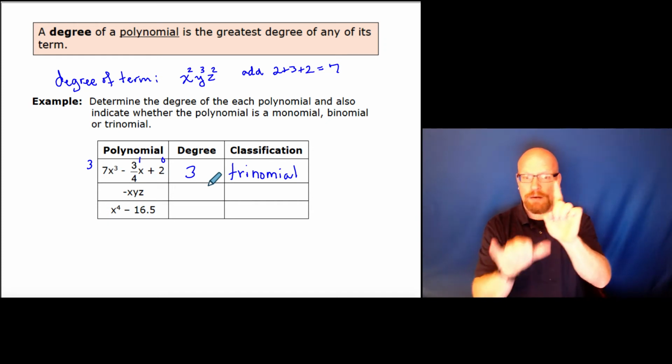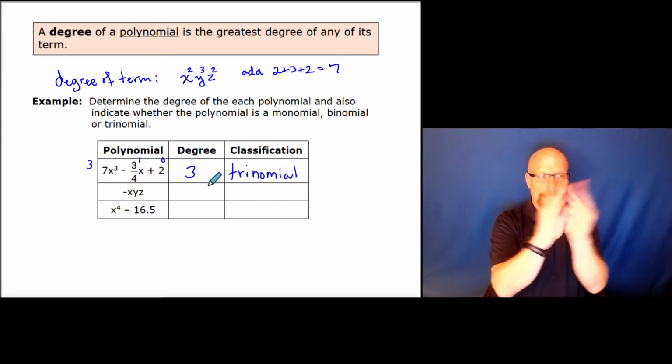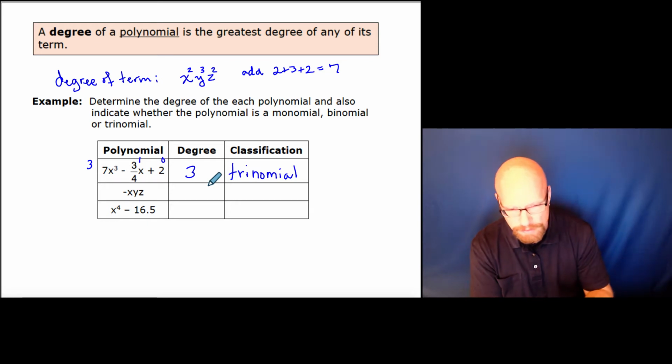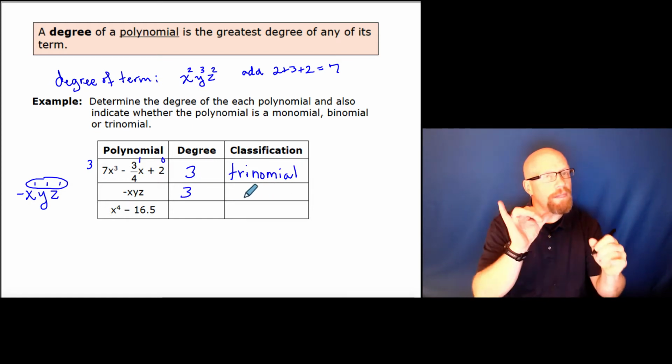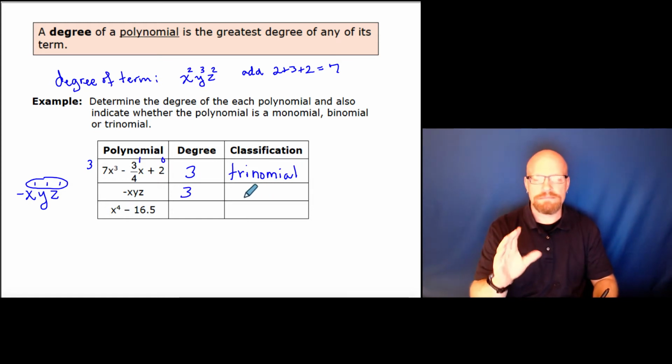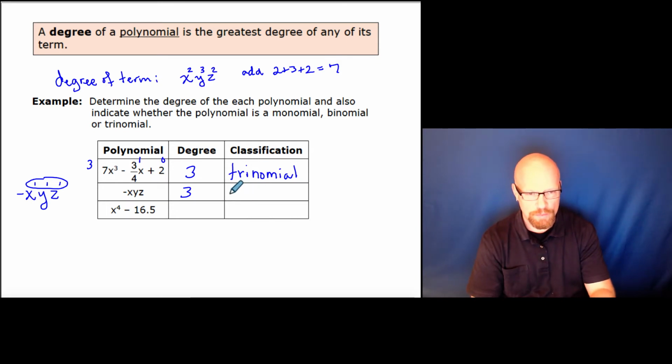No, we have to add all 3 of the exponents. X to the 1st, y to the 1st, z to the 1st adds up to 3. And is this a trinomial then? No, it's a monomial. It is one term.